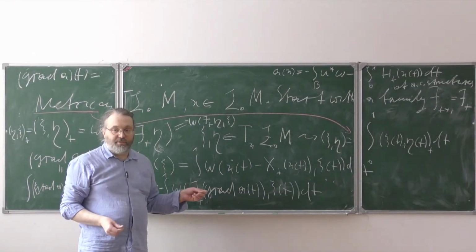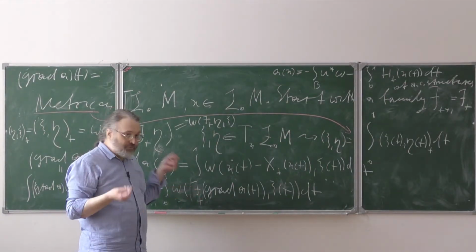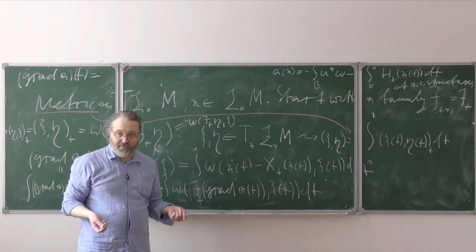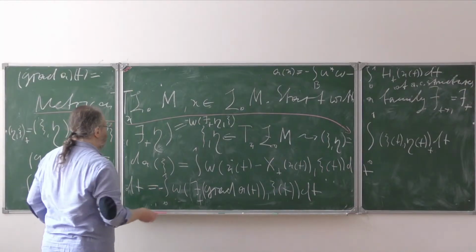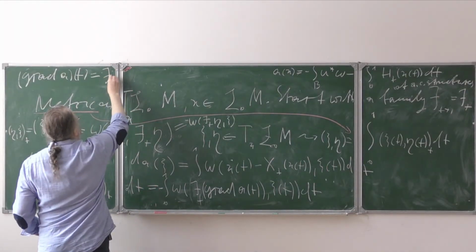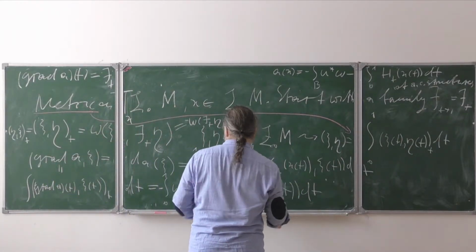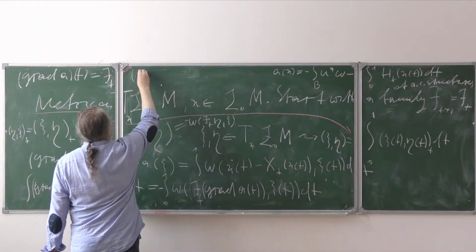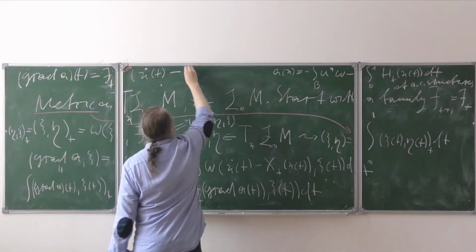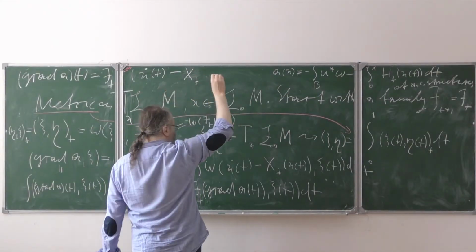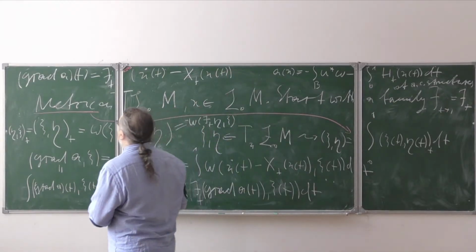I need to invert it, but J_t is an almost complex structure. So instead of inverting, I could just take minus, and I have another minus here. So the result is J_t applied to this expression, x dot of t minus X_t taken at x of t.